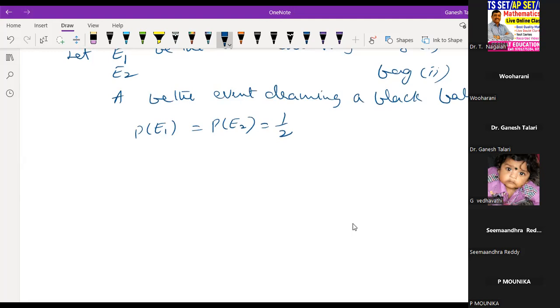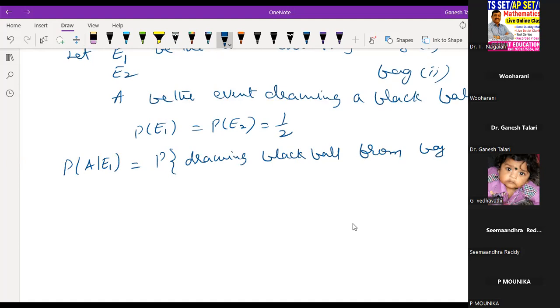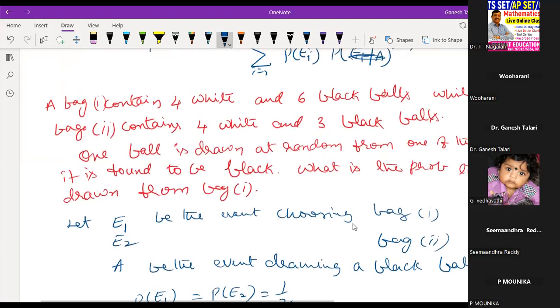So it has been given that probability of A given E1. What does it mean? Probability of drawing a black ball from bag 1. How many black balls are in bag 1?